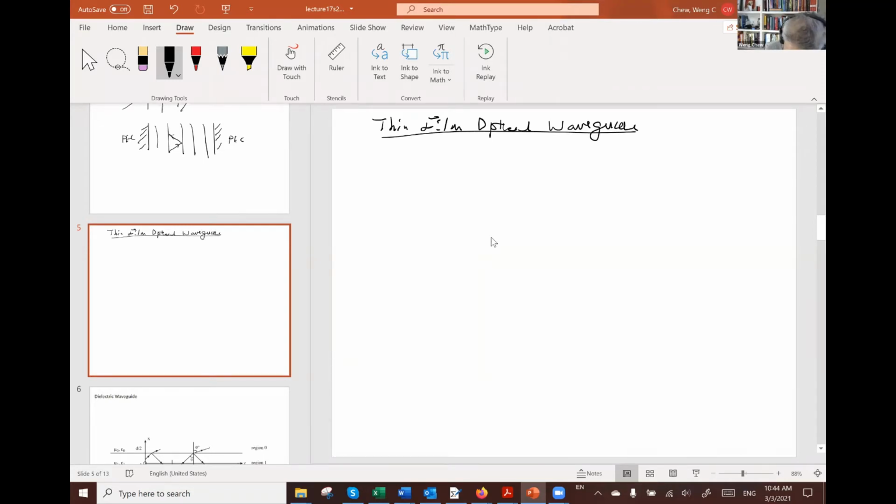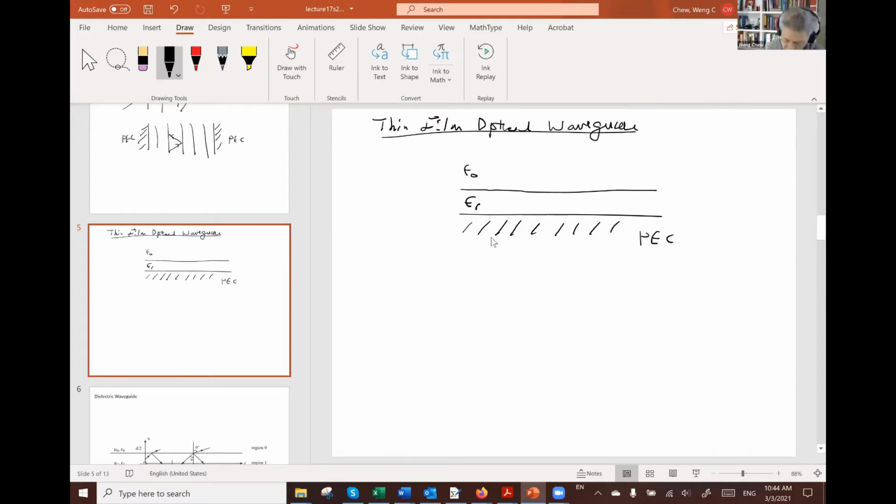It turns out that if I have a metallic surface, which is PEC, and I coat this with a dielectric region, maybe this is air, and this is epsilon r not equal to 1, then I can have the wave bounce like this back and forth. And at the top interface, it will suffer a total internal reflection, and when it does, it must have an evanescent wave outside.